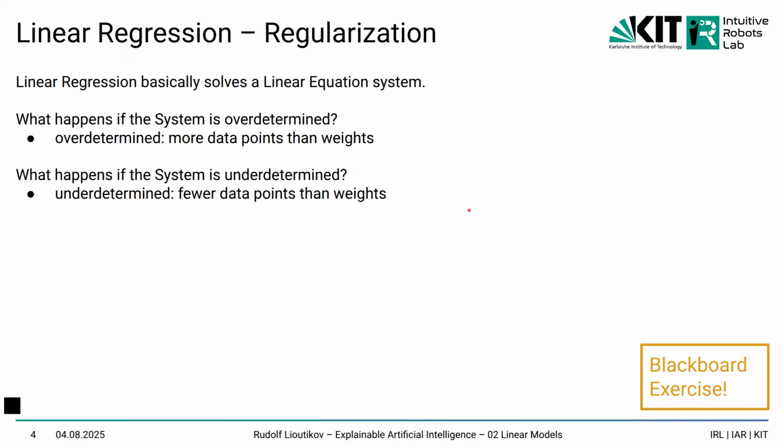What happens now if I get 10 data points: 1, 2, 3, 4, 5, 6, 7, 8, 9, 10? So I have 10 data points and only 5 unknowns. We're overdetermined: we have more data than we have parameters. And what will happen?